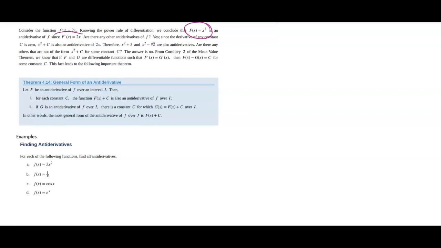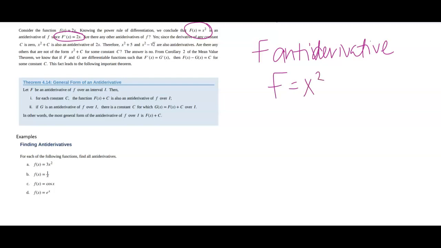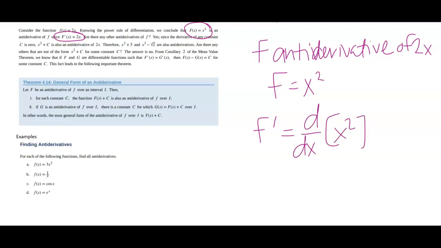Therefore, big F prime is equal to 2x, and so big F equals x squared is the antiderivative of 2x, because when I take the derivative of x squared, I get 2x. So this is our antiderivative here.